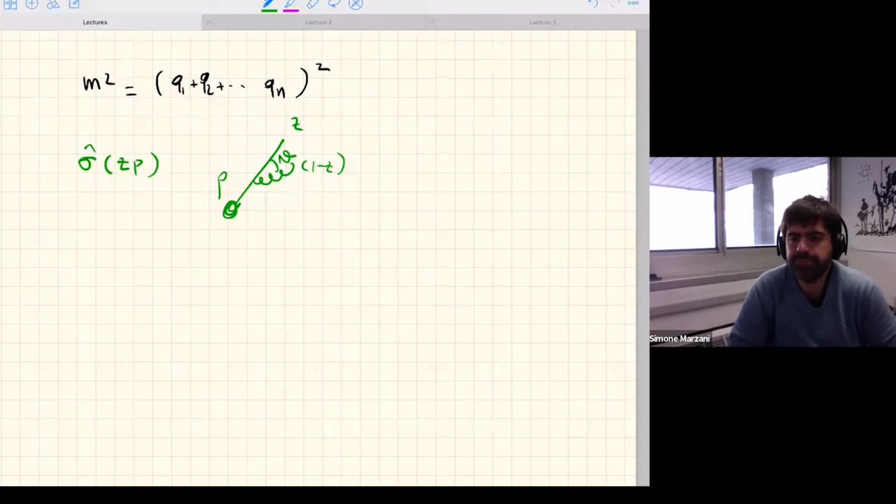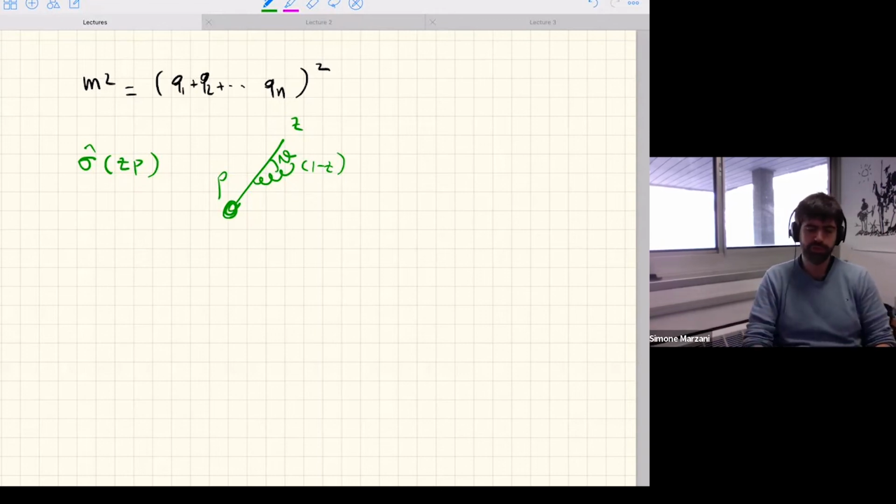Okay, so as I mentioned, in the discussion we're going to have today and tomorrow, we're going to concentrate on IRC safe observables. And for these observables, we can use perturbation theory. We know that singularities will cancel when we sum real and virtual corrections. But the second question is, is perturbation theory going to be reliable?